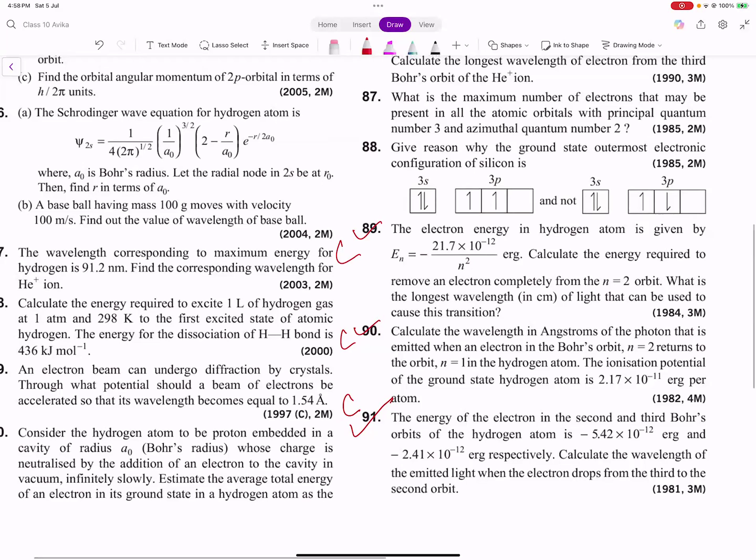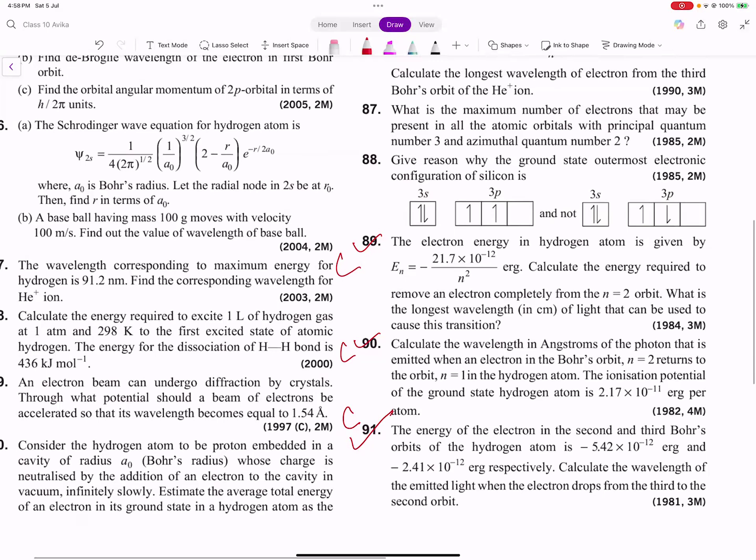We can just use our method, right? The same principle. Every time it is dropping, it will release and we'll calculate delta E and we'll use lambda in nanometer, 1242.4 by delta E. So what's erg, like ERG? It is 10 to the power minus 7 joules.